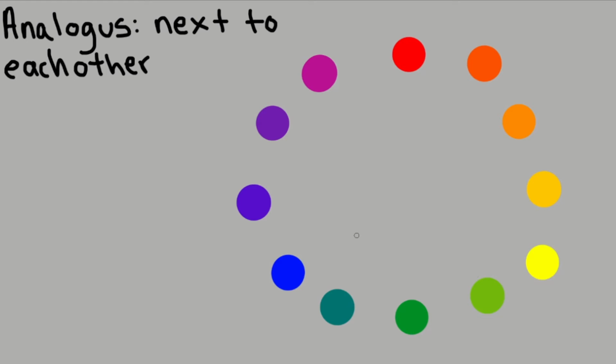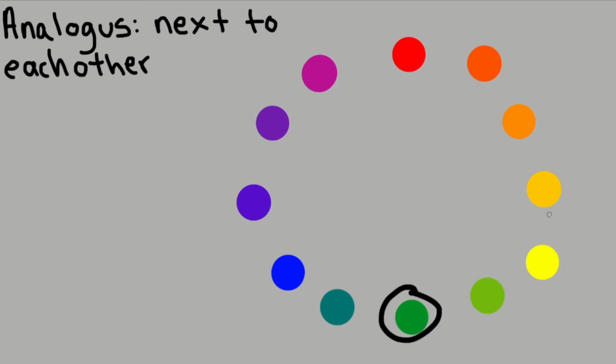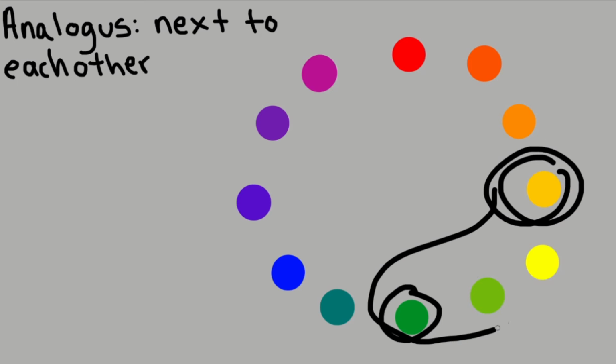You want to keep that in mind when you're mixing, because if we want to mix a green, you want to try to get the colors that are closer to that green. If you're mixing with this color, then you're getting further away from that green on the color wheel.